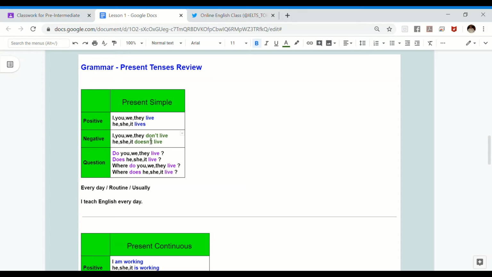In the negative, you need don't with I, you, we, or they. So, I don't like tennis. He doesn't watch TV in the evenings.